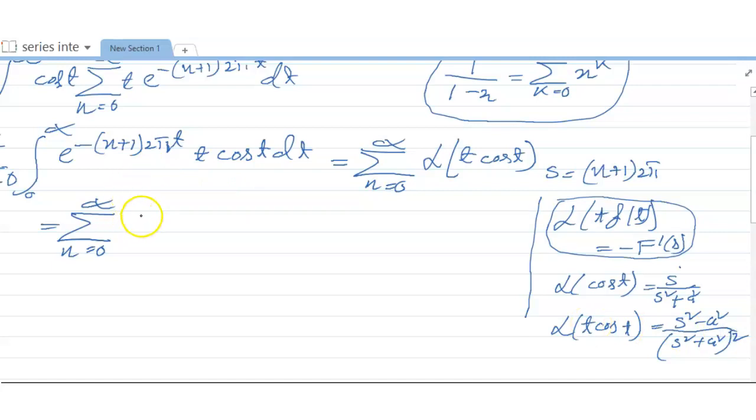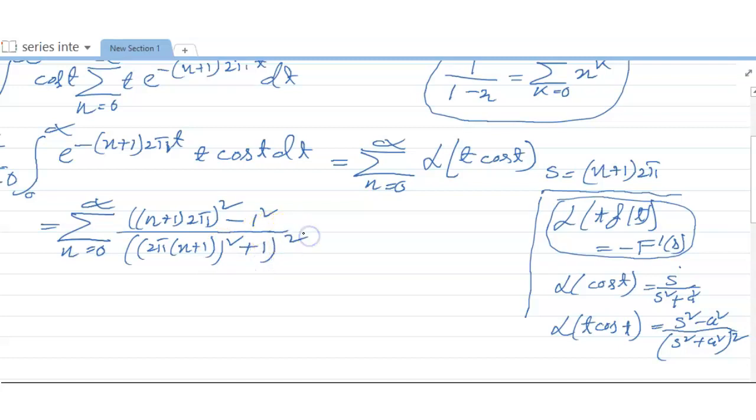I can write s is in here, you will see (n plus 1) into 2 pi, so it can be written ((n plus 1) into 2 pi) whole square minus 1 square divided by (2 pi into (n plus 1)) whole square plus 1 whole square. This is the process.